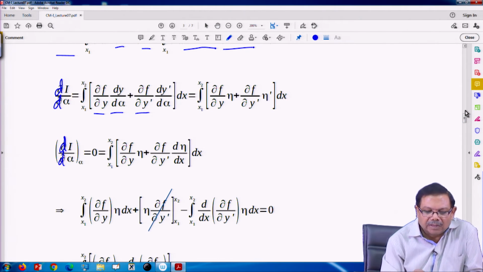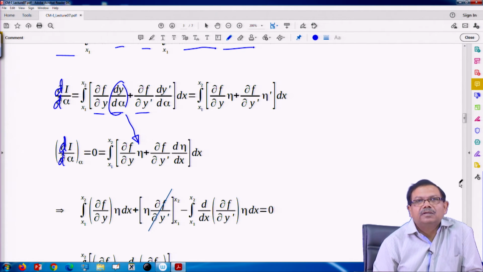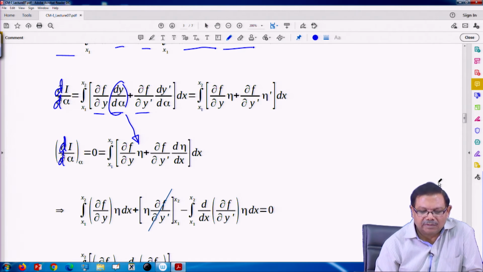And as we do this integration, this term gives me eta, because the change was alpha times eta. If I take the derivative with respect to alpha, I am left with eta.